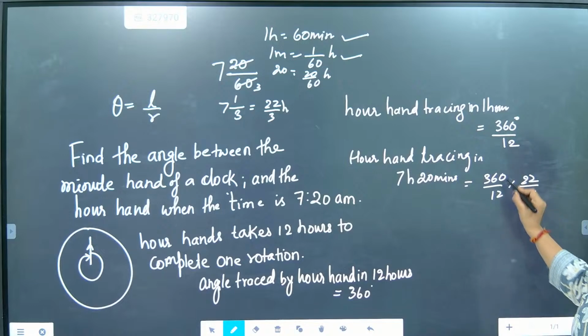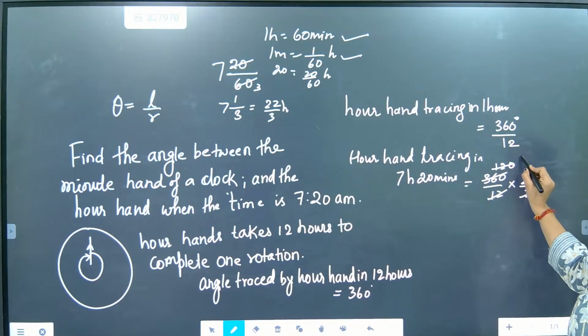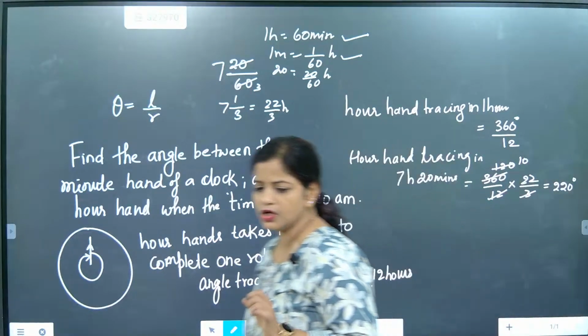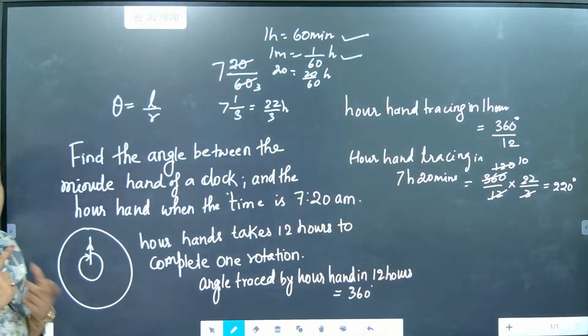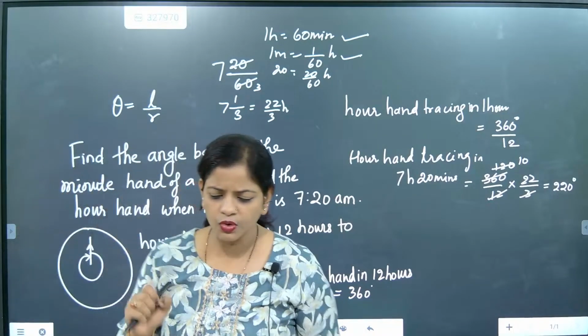Here 3 ones are 3, and 12 into 20... it is coming as 10. So total it is coming as 220 degrees. Bingo. We got a total of 220 degrees. That means, beta, 7 hours 20 minutes is totally 220 degrees.